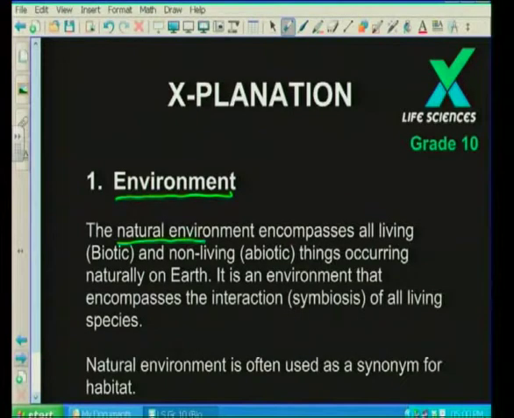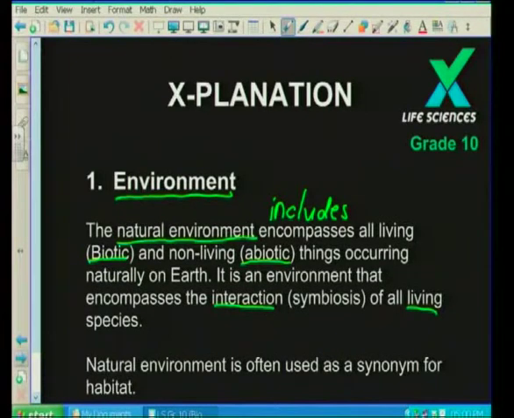All right, so it's the natural environment which encompasses. Now the word encompasses really means, let's replace that word with a word like includes. So it includes all living, as we said now, biotic, and all the non-living, which is abiotic things occurring naturally on Earth. So that is my environment.